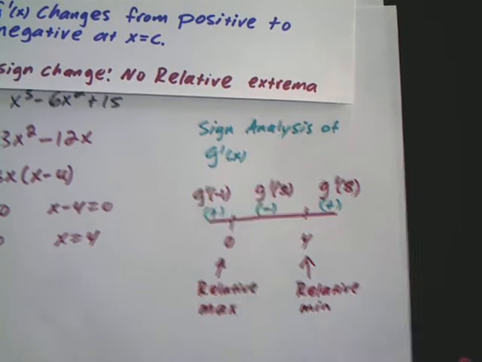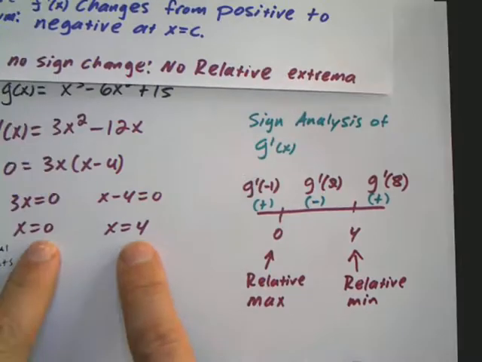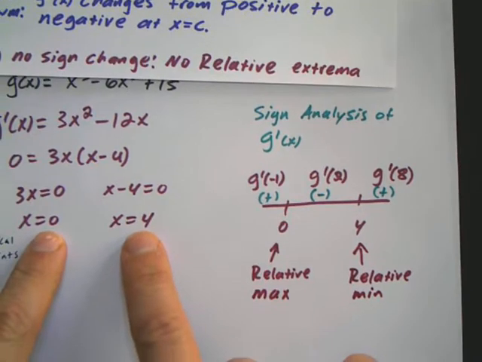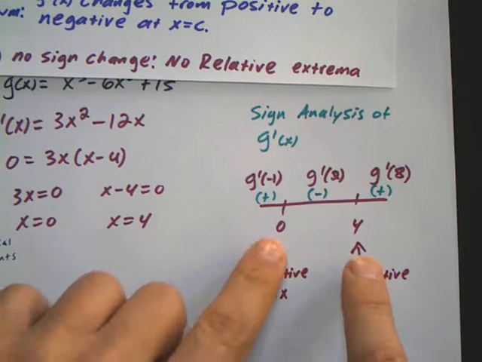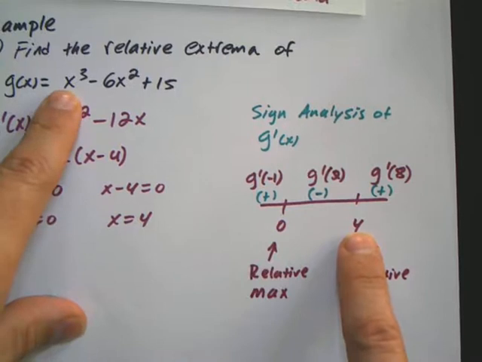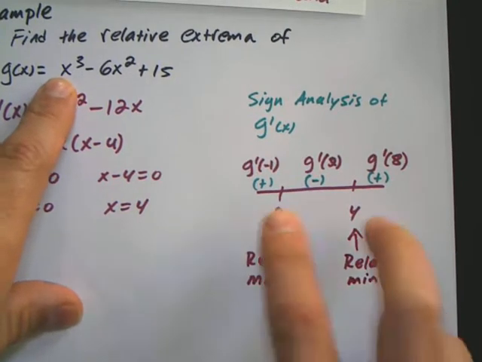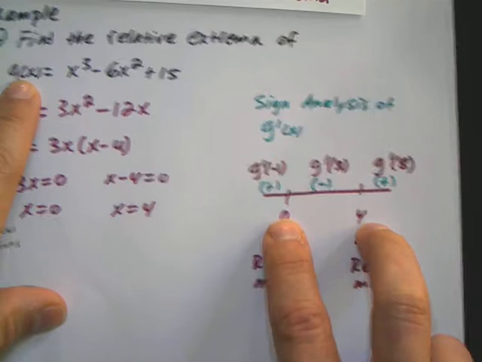Now this only tells you the x values at which they occur. We need to find what the function value actually is when I plug 0 and 4 into g. So to find the exact location, you have to take these critical points and plug them back into g of x.